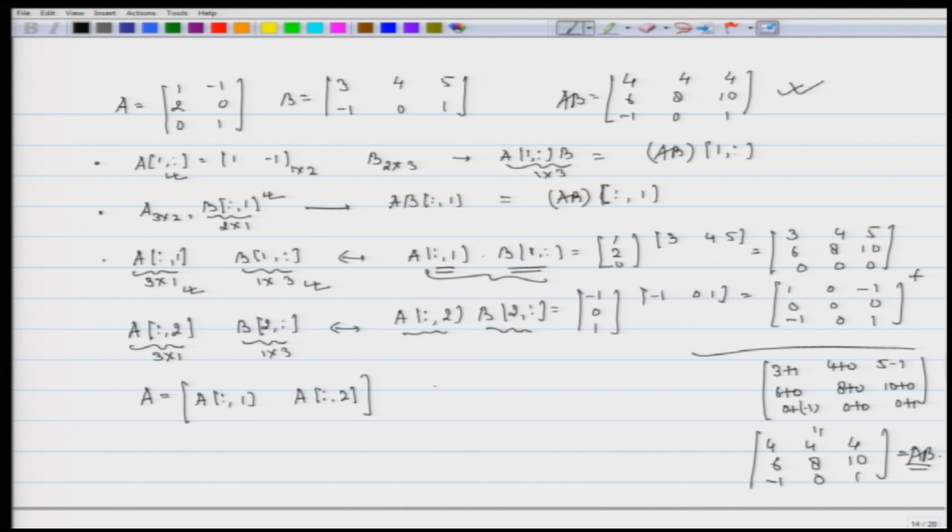We wrote B as the first row and the second row, and what we are saying is that AB is nothing but the first column of A times the first row of B plus the second column times the second row. So, the important thing here again, note that this 2 and 2 cancels out, this 1 and 1 cancels out.